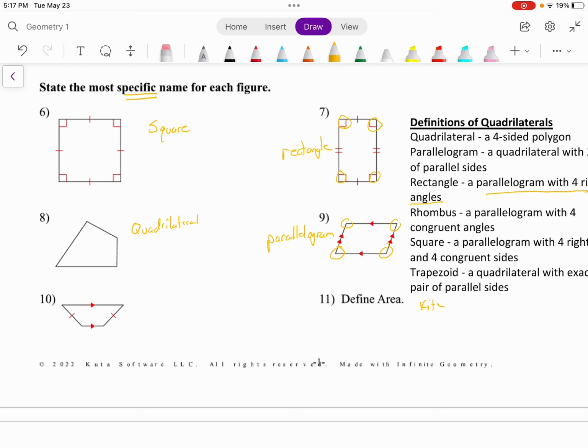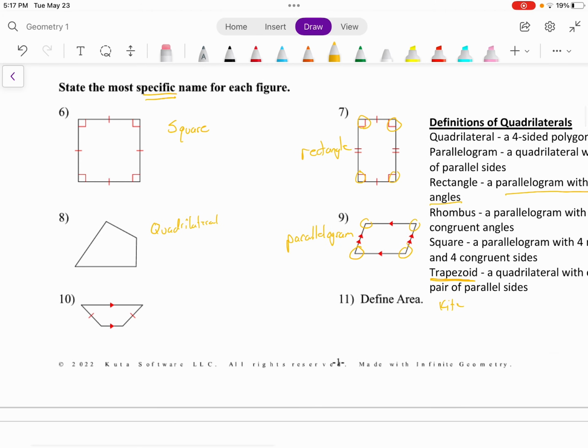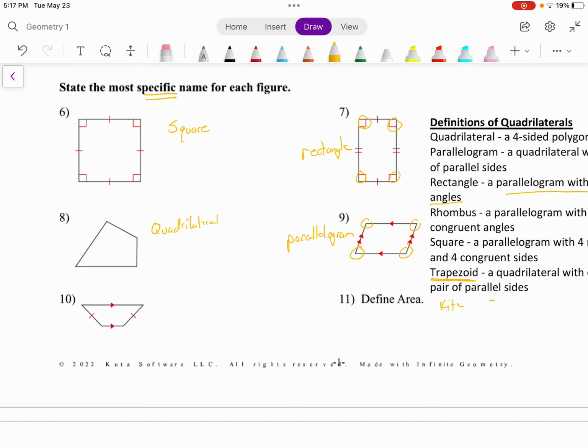Number 10, we just have one set of parallel sides, which makes it a trapezoid. Trapezoid, a quadrilateral with exactly one pair of parallel sides. In fact, though, it's a more specific type of trapezoid because we see that these segments are congruent, and we call that an isosceles trapezoid. Now, number 11 probably should go with the next page, but here it is on the first page.